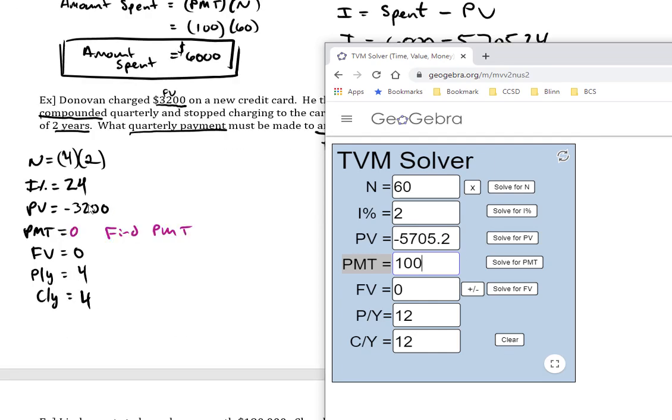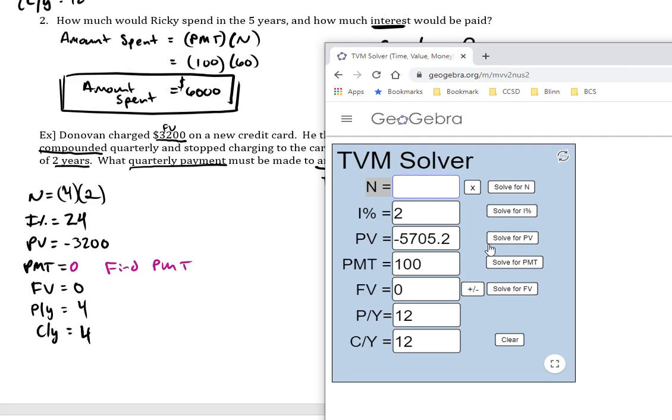Okay, but anyway, let's go and plug everything in. So 4 times 2 is 8. And then we have 24%. This I'm saying is negative 3,200. Payment 0, future value 0, payments per year is 4, and then the compounds per year is 4. And then we wanted the payment, so click that.